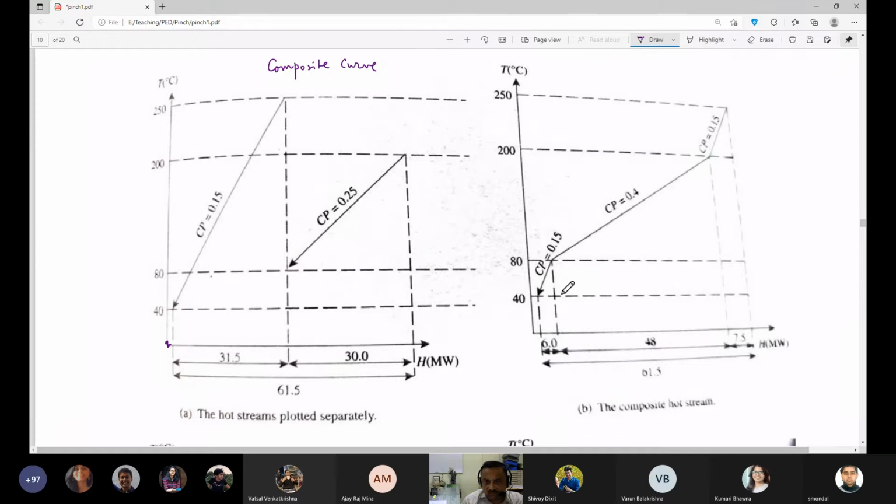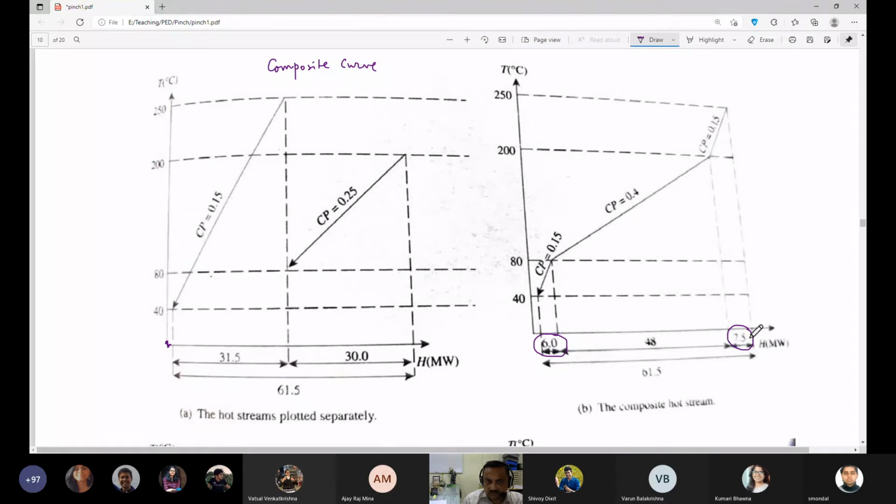When we try to draw this line, this is coming as 7.5, and this is coming as 6.0. Okay, and the overall range is 61.5, which is 31.5 and 30. When I combine them, the common portion will have 48 MW.